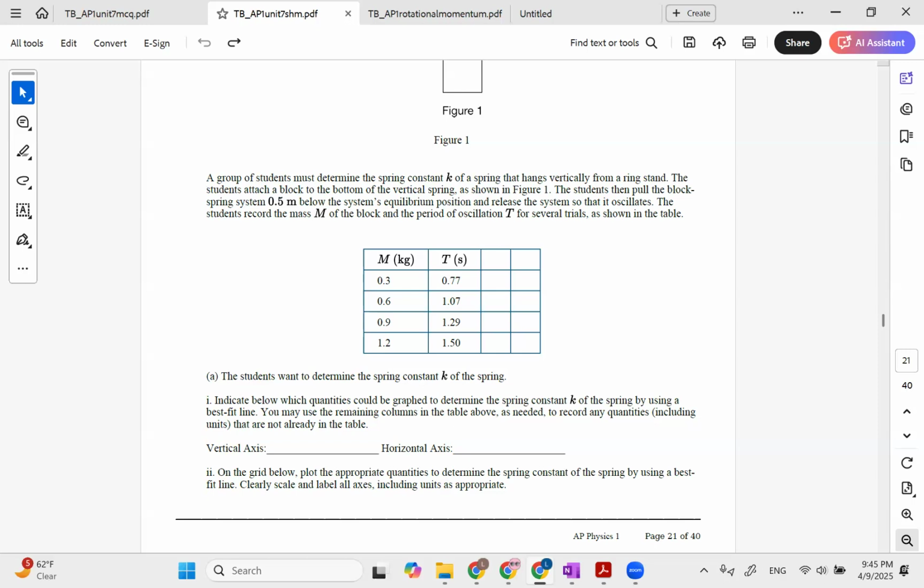After we did the last one, this one should be easier, right? Peyton, what should be on the vertical axis and horizontal axis?